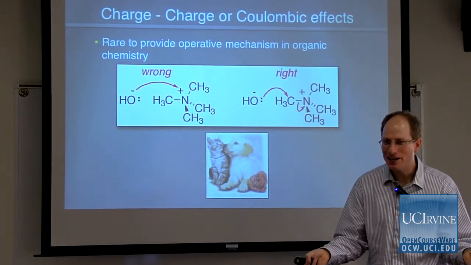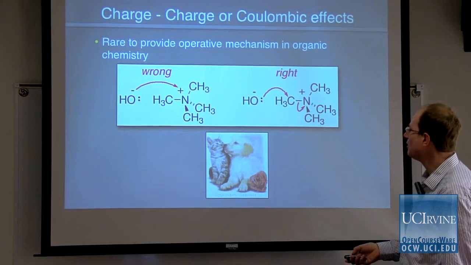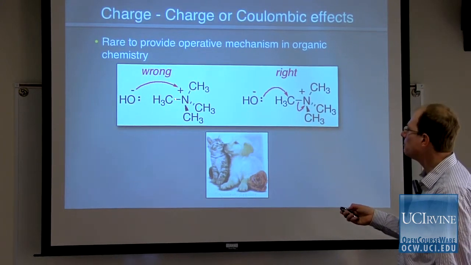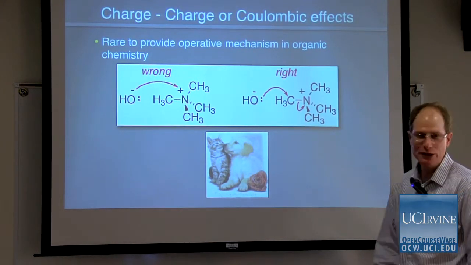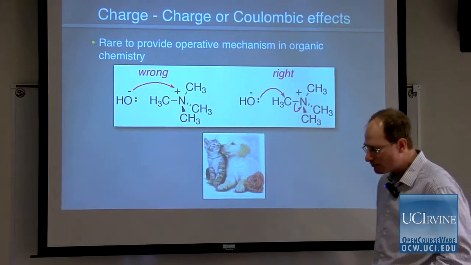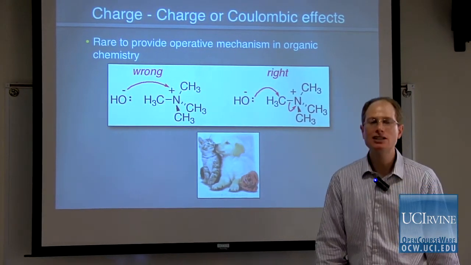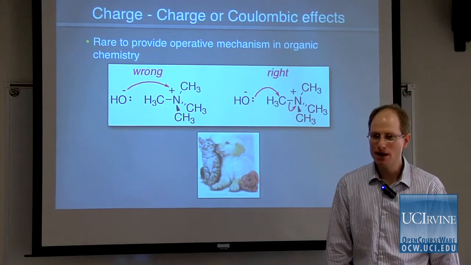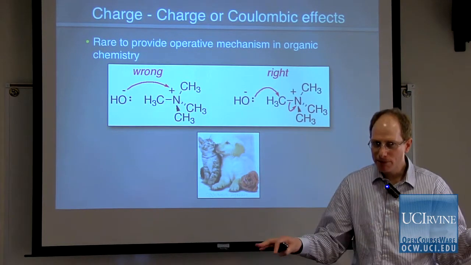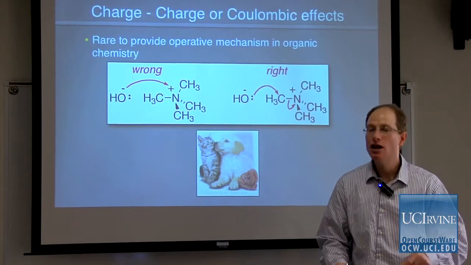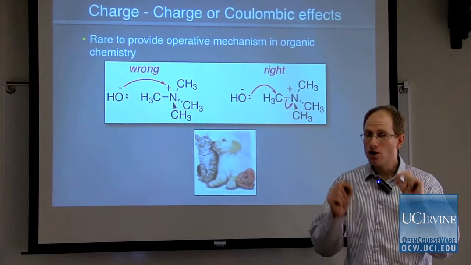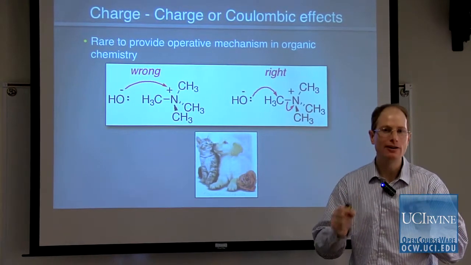And the problem is that this is wrong at every level. The result here would be a fifth bond to nitrogen. And nitrogen, being in the first row of the periodic table, cannot possibly handle such a large number of bonds. Remember, first row of the periodic table, carbon, nitrogen, oxygen, cannot handle more than 8 electrons around the atom.